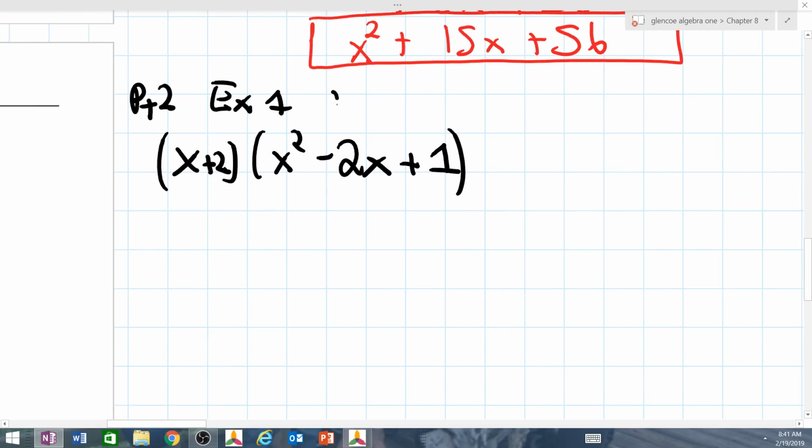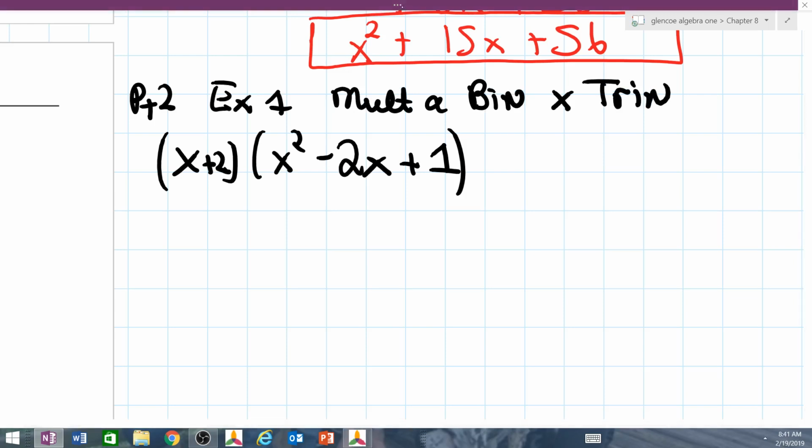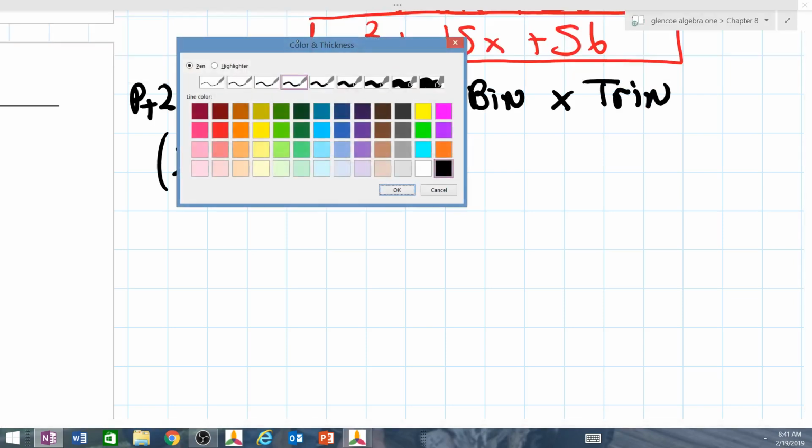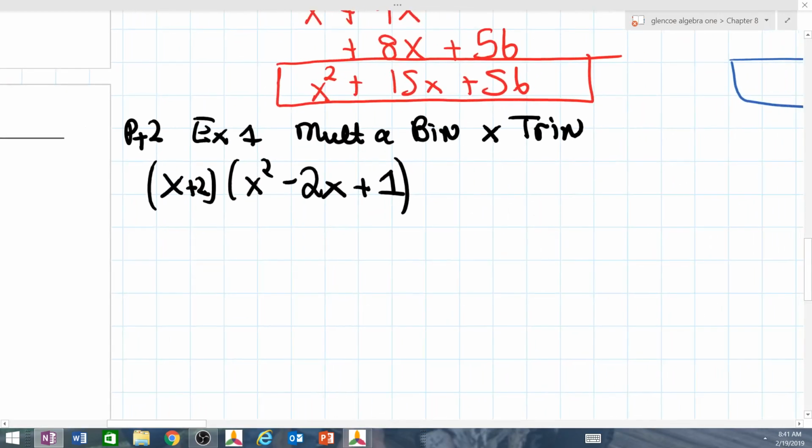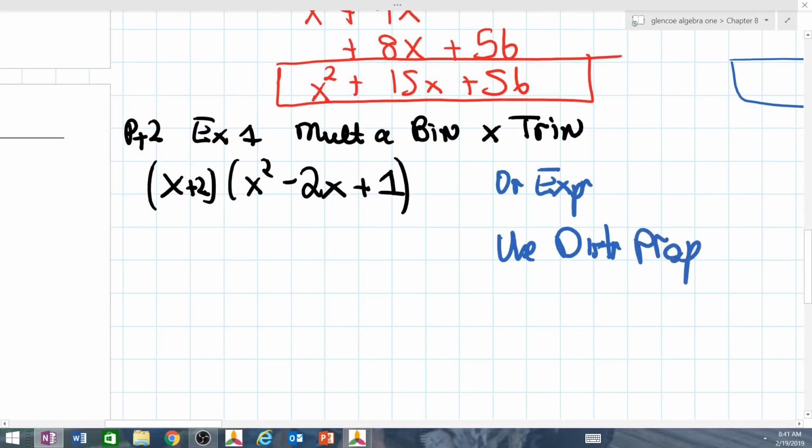Example 1, multiplying a binomial times a trinomial. Okay? Everybody's with me? Yes? Here we go. This is the original expression, and we are going to use the distributive property. So here we go.